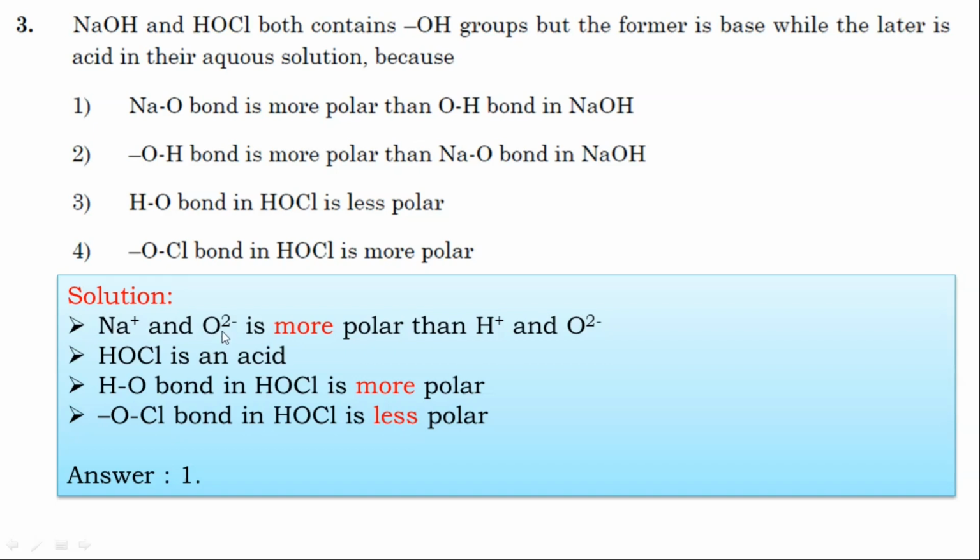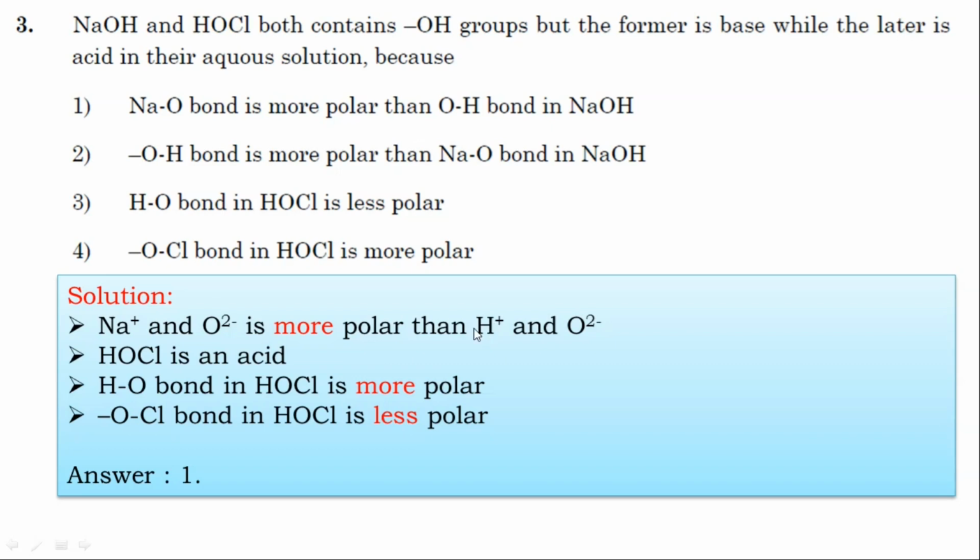So the polarity between Na plus and O2 minus is more than between H plus and O2 minus. So option 1 is correct. The Na-O bond is more polar than the O-H bond in NaOH. Option 2 is just the opposite of option 1, so option 2 is ruled out.